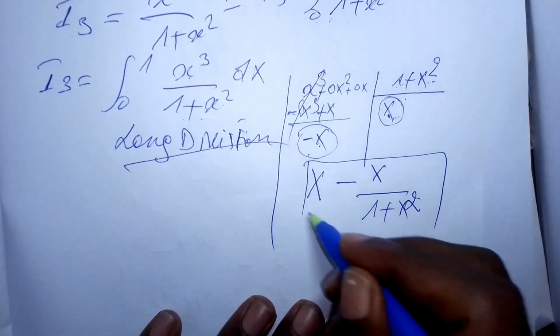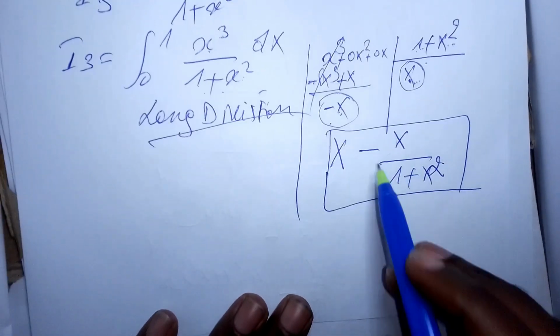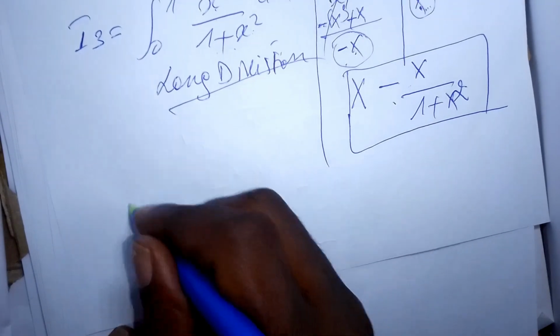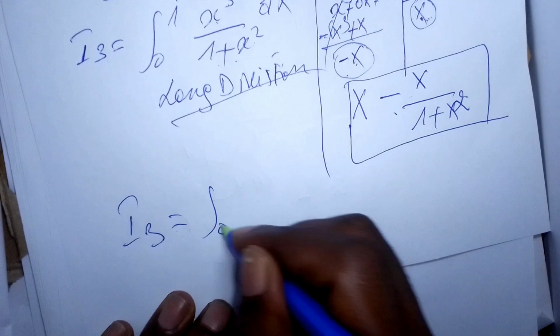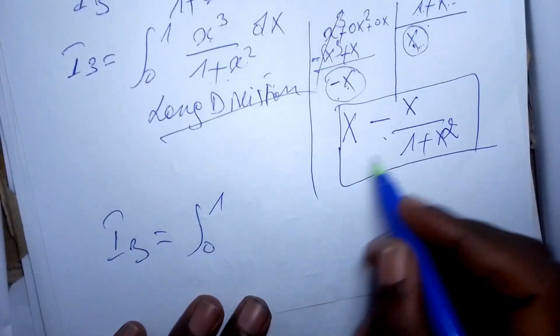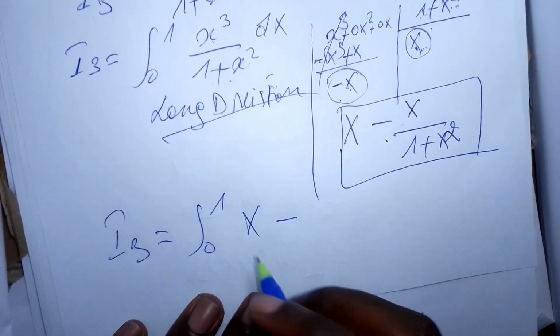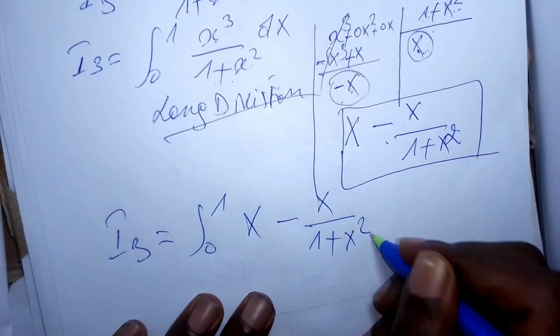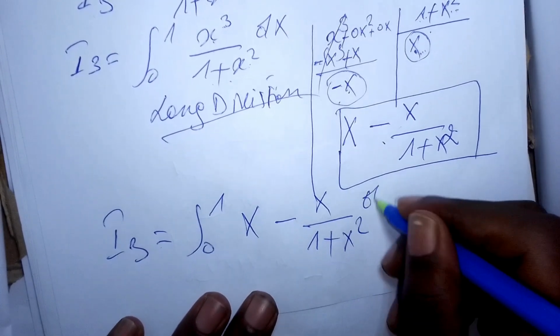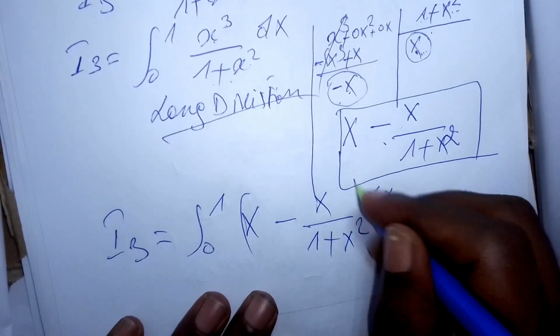So I3 will give us the integral from 0 to 1 of x minus x over 1 plus x square dx.